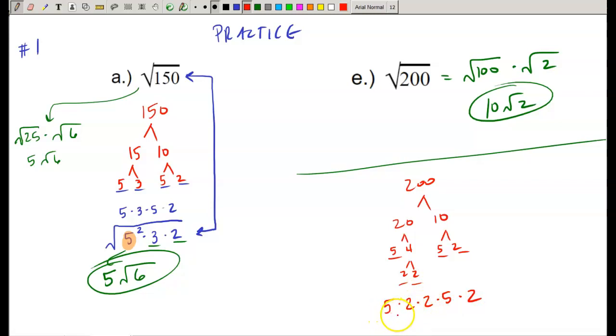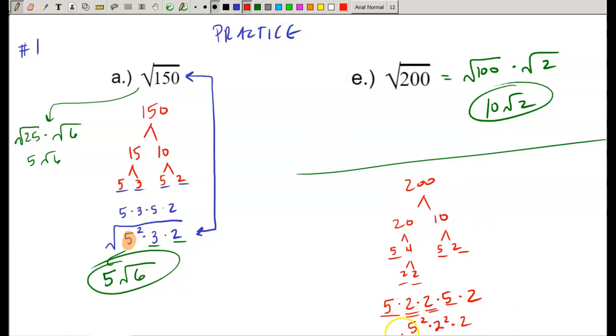So I'm going to group these as perfect squares. See that I got a 5 times 5, so that's 5 squared, times I got a 2 times a 2, which I'm going to write as 2 squared, and then I have a leftover 2.